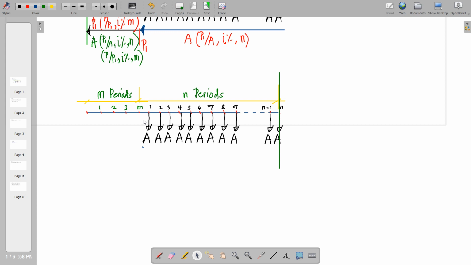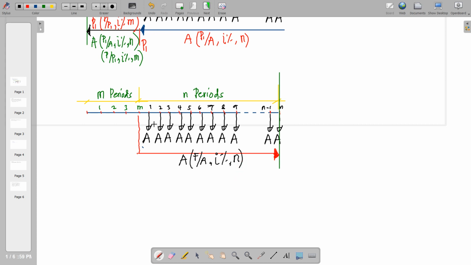So basically this will be treated as an ordinary annuity. All of those will be brought to the future, and we can say A times finding F given A at i% at N periods.